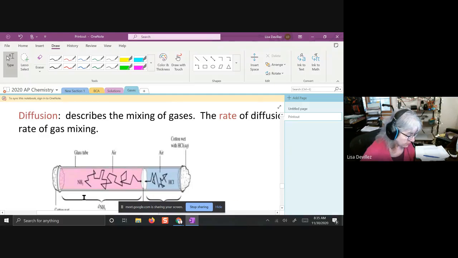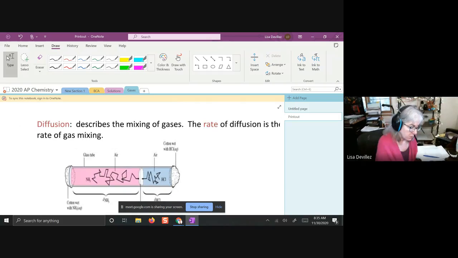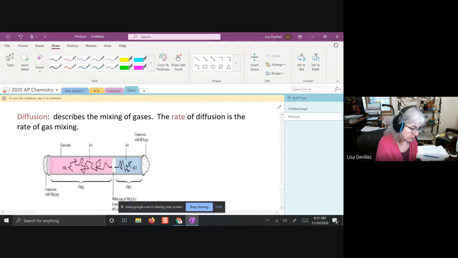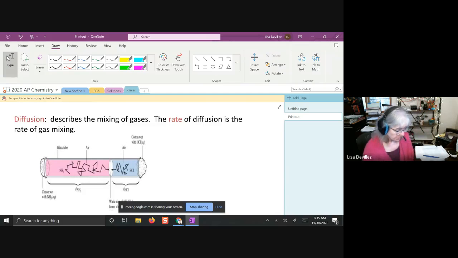Okay, so we're going to look at a couple of properties of gases. Diffusion is the mixing of gases through random motion. Even if I didn't have a fan or something going in a room, if I have a bottle of ammonia and I open it up, eventually anybody in the room would be able to smell the ammonia.